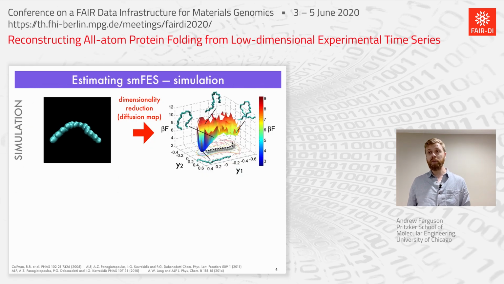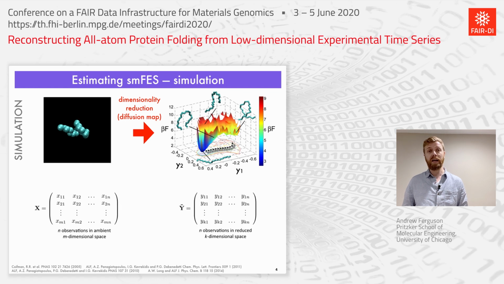So how does one recover a single molecule free energy surface from a simulation trajectory? Basically, one runs a molecular simulation. Here's a simple example of a simulation of a C24 chain. It's living in water, but I've removed the water molecules for clarity. One can conceive of this as a high dimensional trajectory: we have n observations in some high m-dimensional space of the Cartesian coordinates of all of the atoms of the chain.